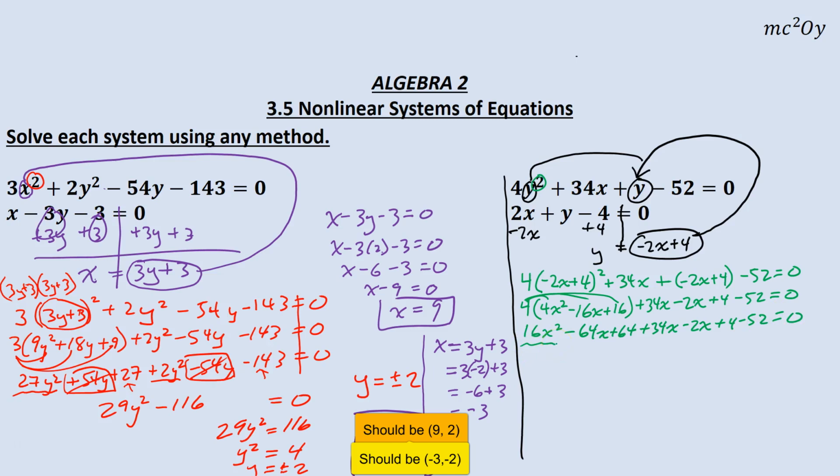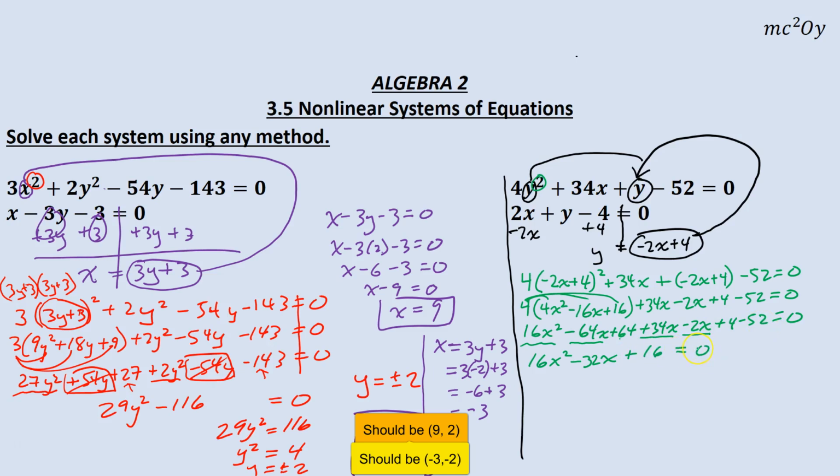So we got some x squared there, and that's it. So 16x squared. We've got a negative 64x and a positive 34x, and there's minus 2 more, so negative 32x. And then the rest, 64 plus 4 is 68 minus 52, which is 16.